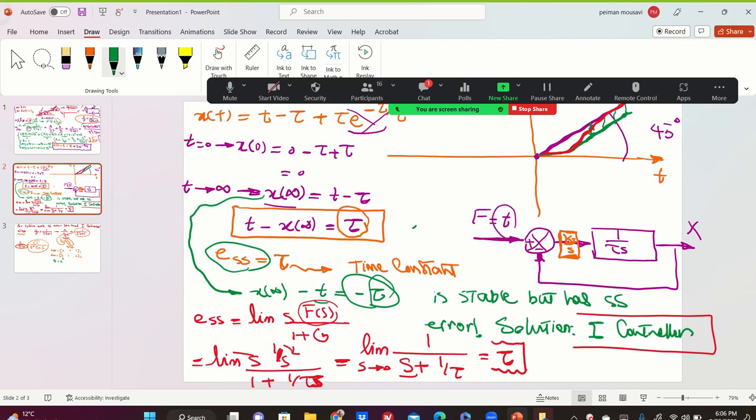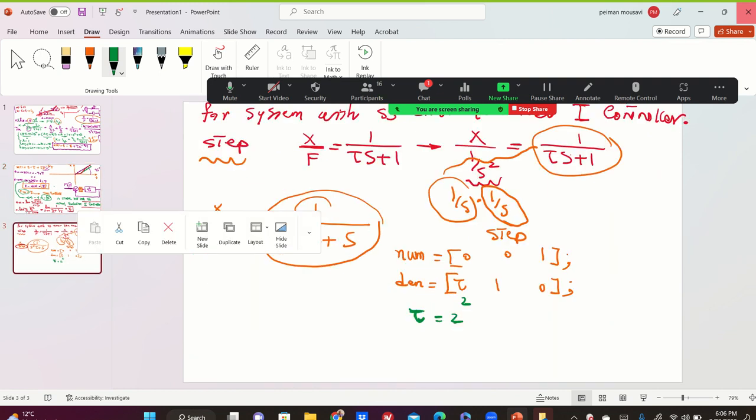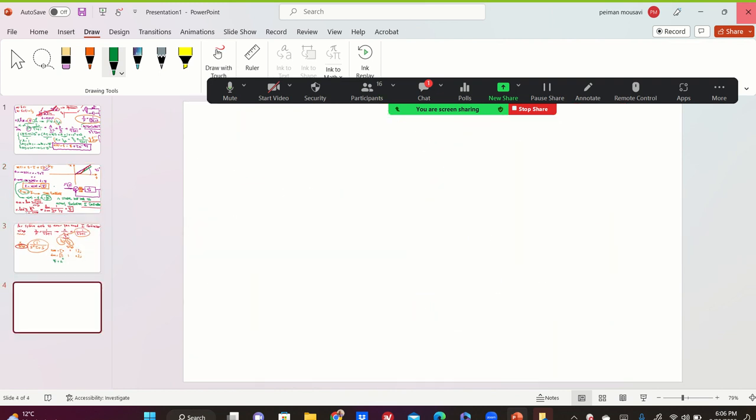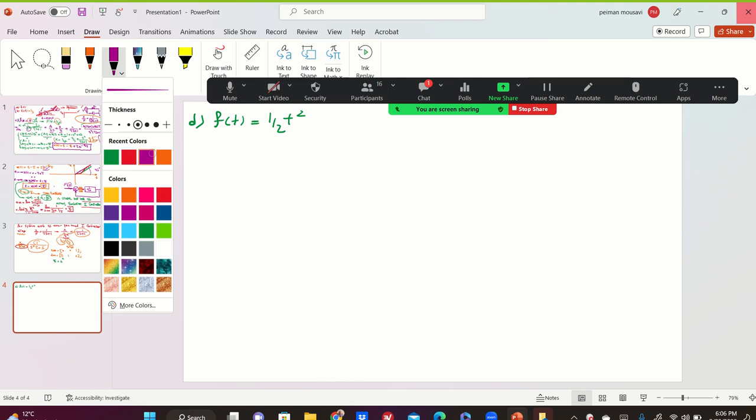So after doing that, okay, I want to move to the next page. Okay. So now D, if the input to the system f of t is parabolic, okay?